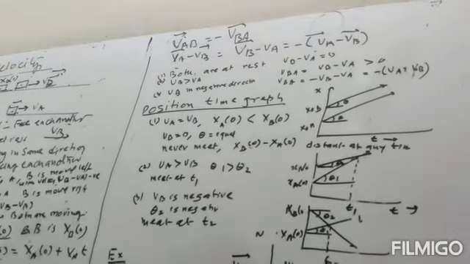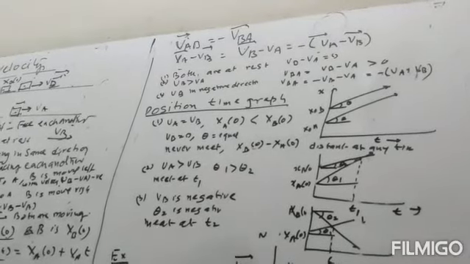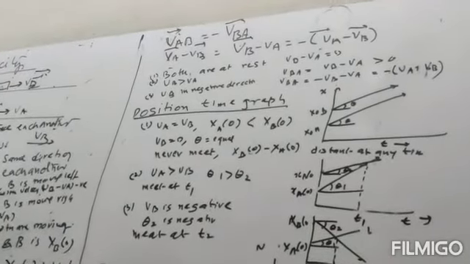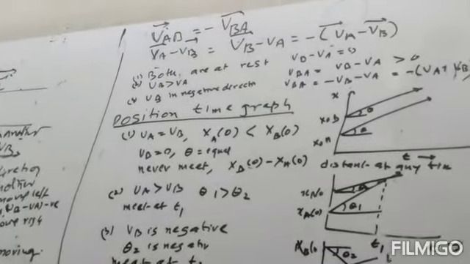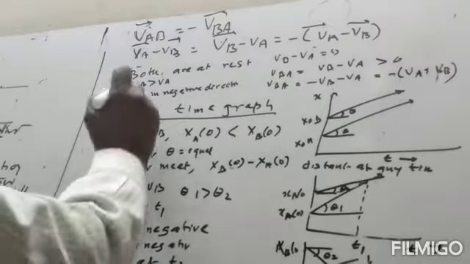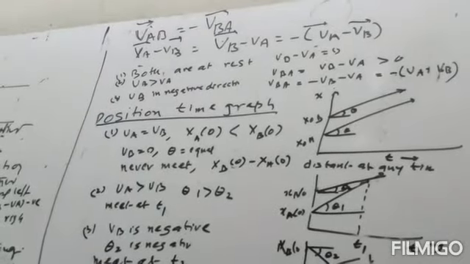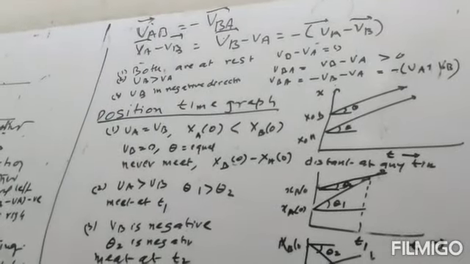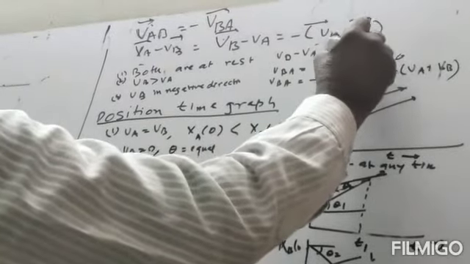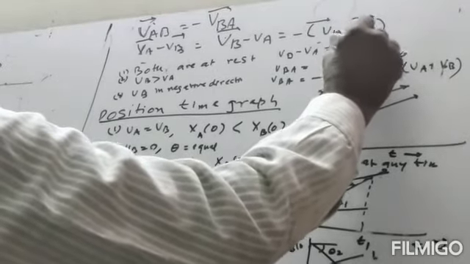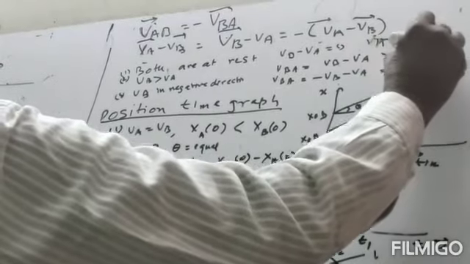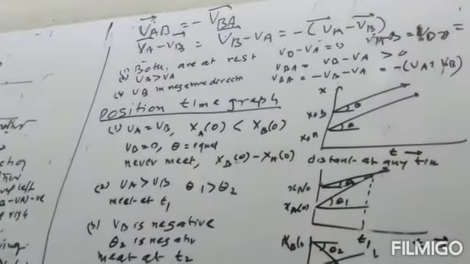So VAB is equal to minus VBA. Now, if both are at rest, means VA is equal to 0, VB is equal to 0, relative velocity is equal to 0, so VAB is equal to VBA is equal to 0.